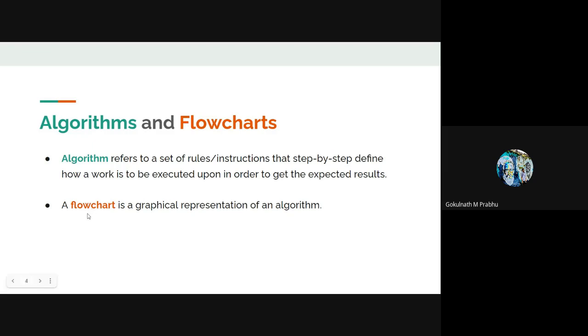Whereas a flowchart can be used when you need to convey information, just give a general overview to someone, or when you want to show this to someone who doesn't really understand coding but needs to know how this solution works. So in that case, a flowchart can be really helpful, and an algorithm is a bit more suited when we actually know what coding is and how it works.